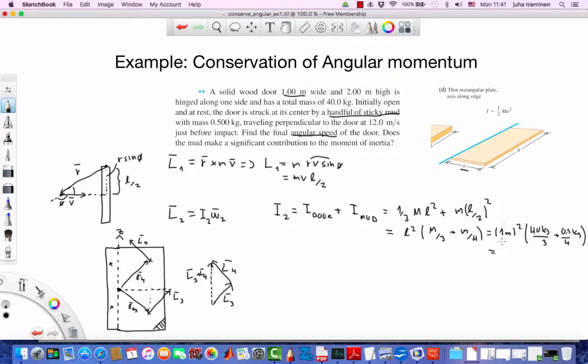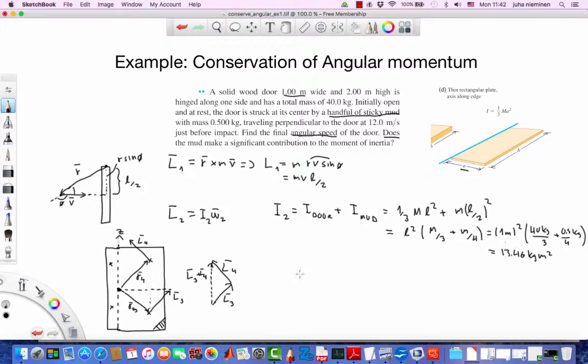We get a total of 13.46 kg m squared. And we see that the contribution of the mud is pretty small because it's so light. That was another question in this problem: does the mud make a significant contribution to the moment of inertia? No, it doesn't. But we have it there anyway.